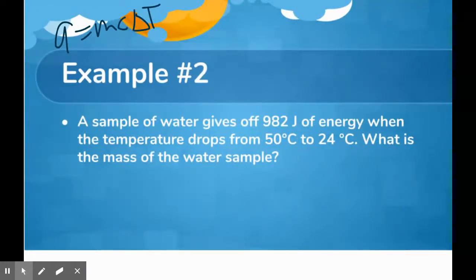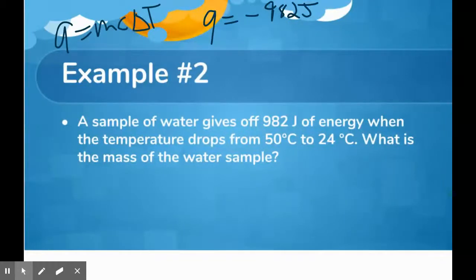Okay, and example number 2 says a sample of water gives off 982 joules of energy when the temperature drops from 50 degrees Celsius to 24 degrees Celsius. What is the mass of the water sample? So now our Q is given to us. It says that 982 joules of energy is given off. So that means that heat is released from the system to the surroundings, so that needs to be a negative 982 joules.